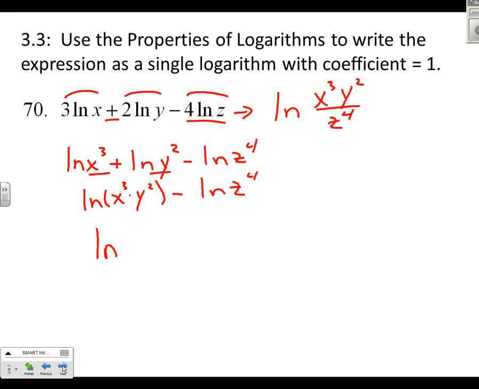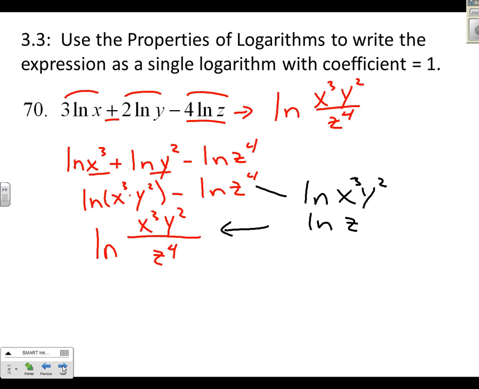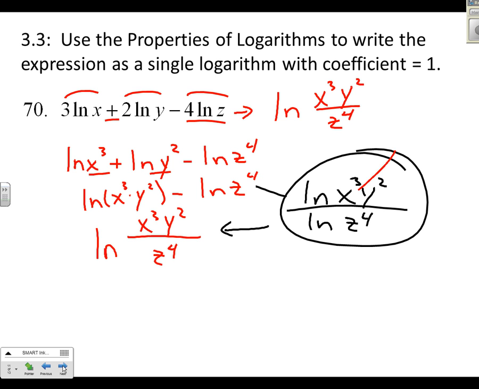Single ln, not ln on ln, just ln of something on something. Again, I just showed it on the last frame, but I'm going to show it again. A common mistake would be to jump from here to say, oh, that's a quotient, so it's ln of x cubed y squared on ln of z to the fourth. People do it all the time. Not in my class. We're not doing it.